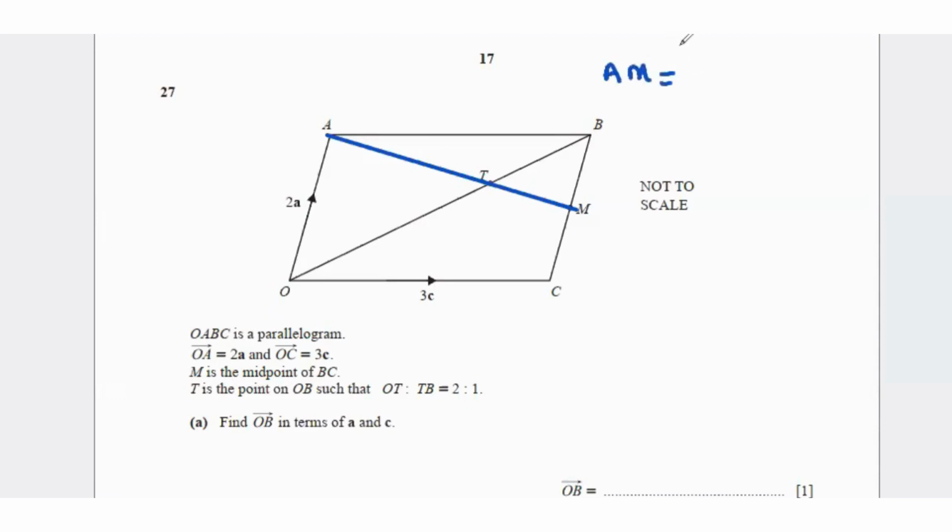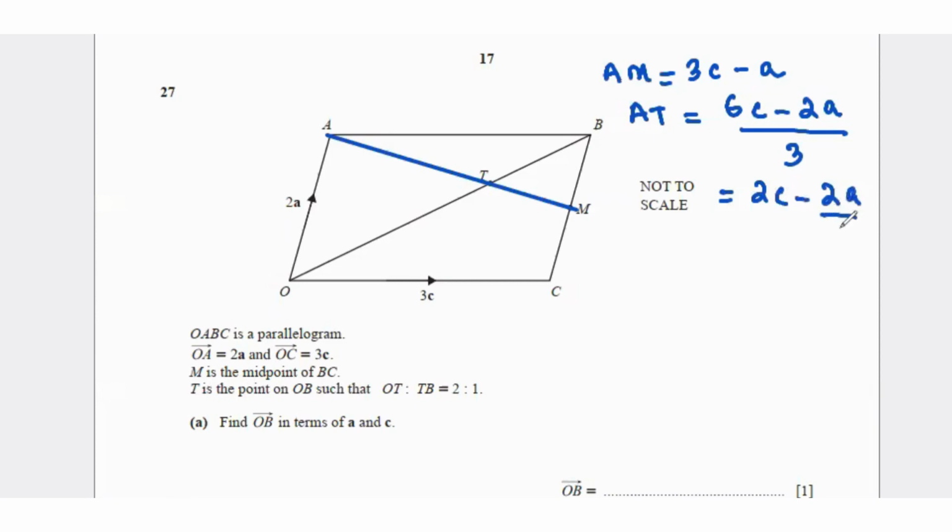AM we found as 3C minus A. And AT was (6C minus 2A) over 3. Now if we simplify this, we will have 2(3C minus A) over 3, right?